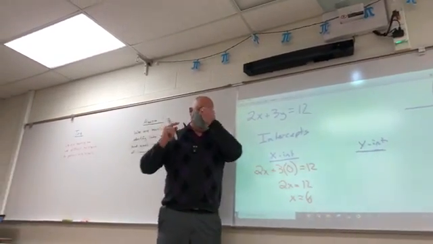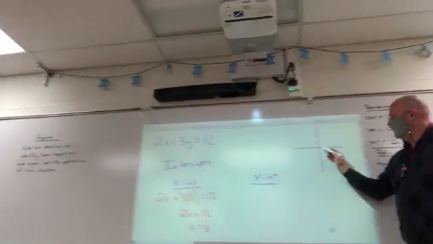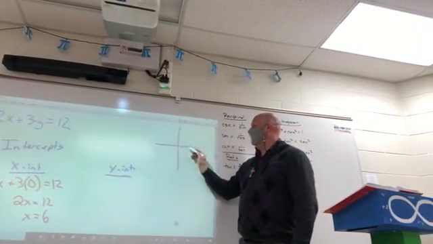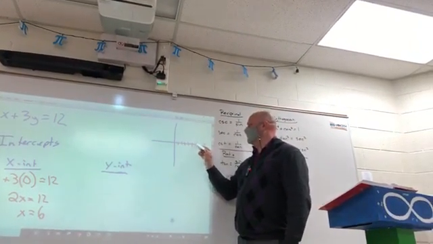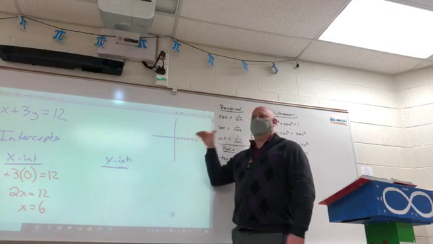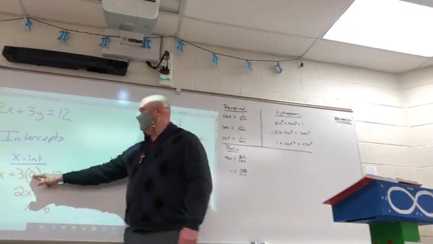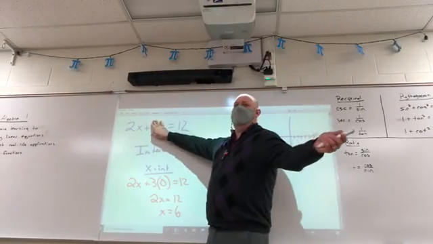I know that this line is going to go through 1, 2, 3, 4, 5, 6. That point right there. I know my x-intercept really fast is 6. Because all we do is plug in 0 for y, that goes away, we divide by 2, x equals 6.